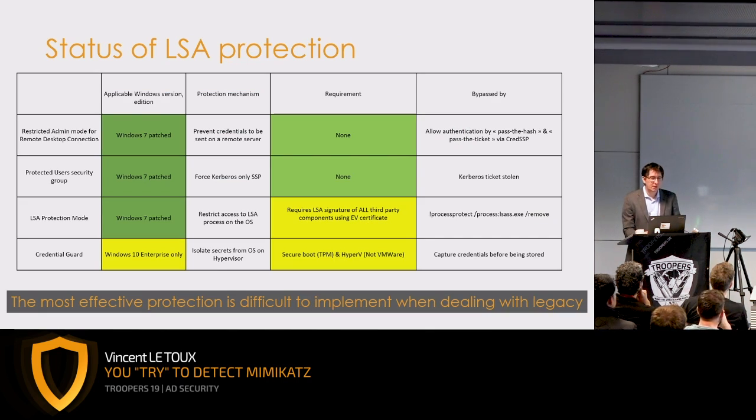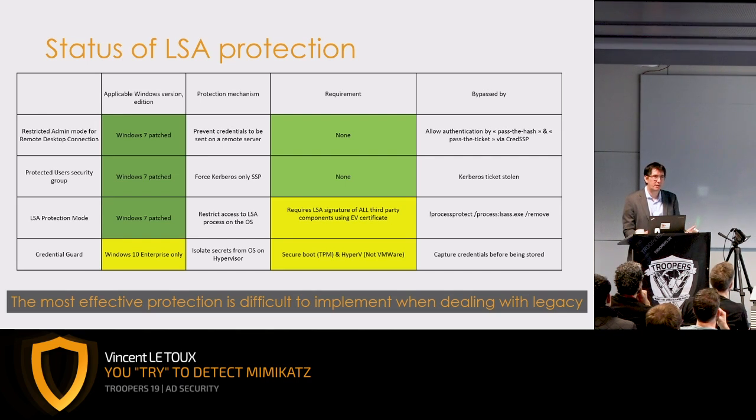About the status of LSA protection, I've made a list. I will not go into the details, but what you have to look at is that green is very easy to implement, and orange has some impact. You can see that the first three things are very easy to implement. But for example, for the LSA protection mode, if you are using a third-party protection component, like for example smart cards, you need a mini driver.